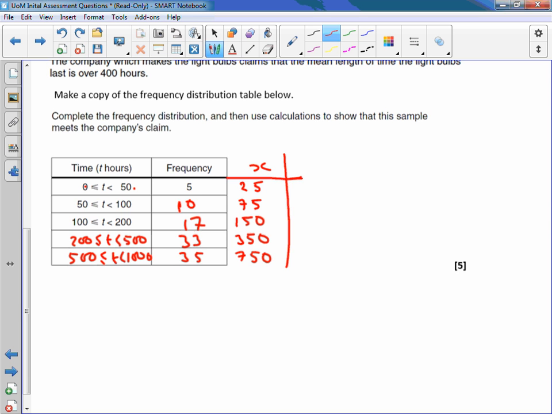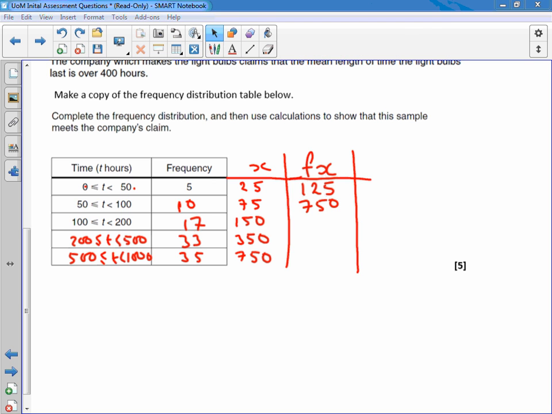So hopefully now you know what we need to do is take our frequency and multiply it by our midpoint. So 5 times 25 gives us 125. 10 times 75 gives me 750. 17 times 150 gives me 2,550. 33 times 350 gives me 11,550.